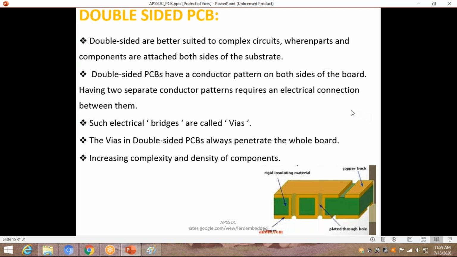I think there is no need to explain them, as I have already told you, because double-sided PCBs have conducting material on both sides. See the last three points.